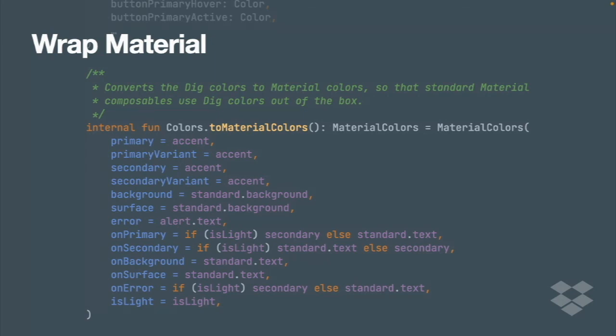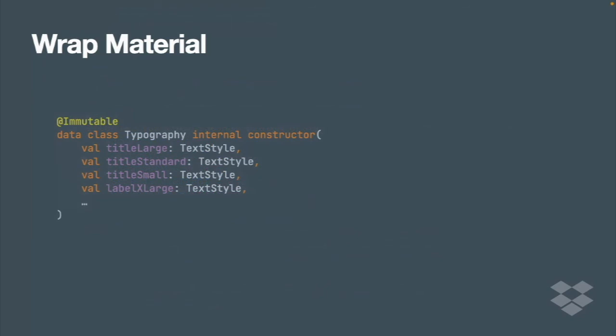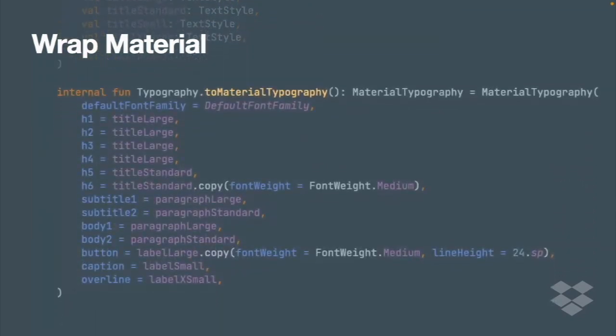So for 80% of cases, this translation works: Material's primary, I told you it was confusing, Material's primary color is what we call accent. Our background color is our standard background. Our on primary or secondary is standard text. We do this translation for you. The same thing with typography. This is what our tokens look like, and we can translate those into Material.